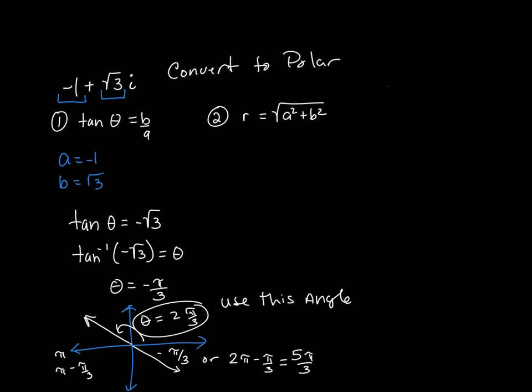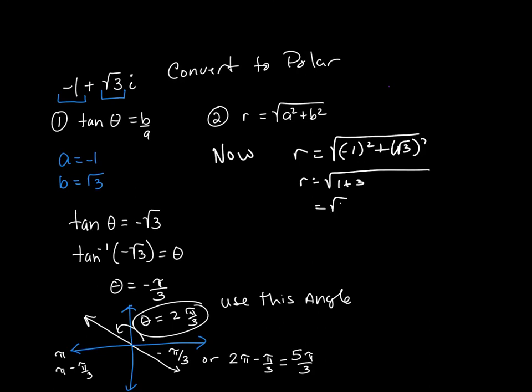All right, so the next thing we need to find is the radius. The radius is equal to the square root of negative 1 squared plus the square root of 3 squared, or r is equal to the square root of 1 plus 3. r is equal to the square root of 4, which is 2.